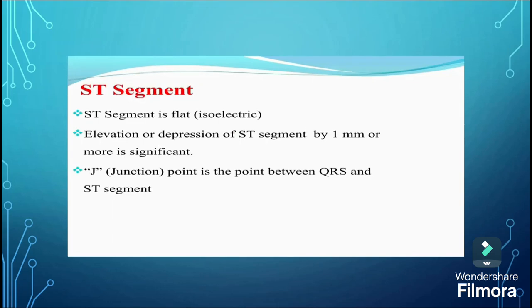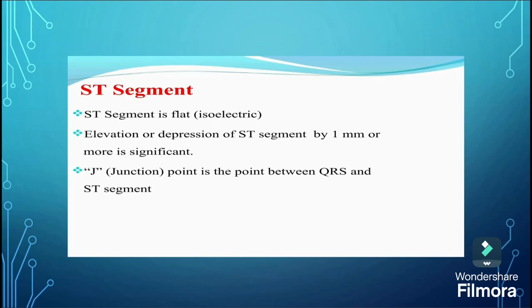ST segment. ST segment is isoelectric and it is flat. Elevation or depression of ST segment by 1 millimeter or more is very significant. And the J point is a point between the QRS and the ST segment. This is very, very important. What is J point?